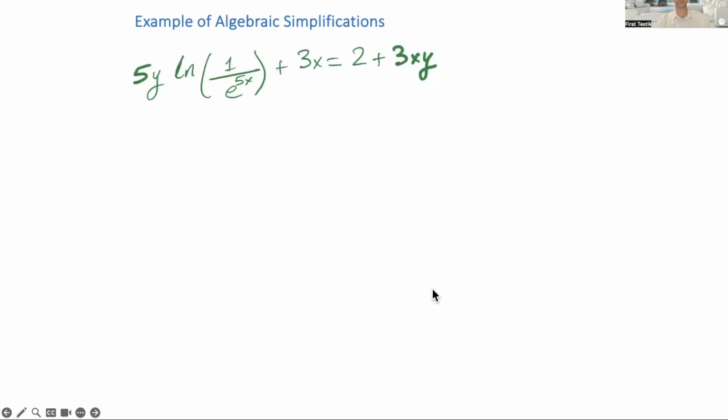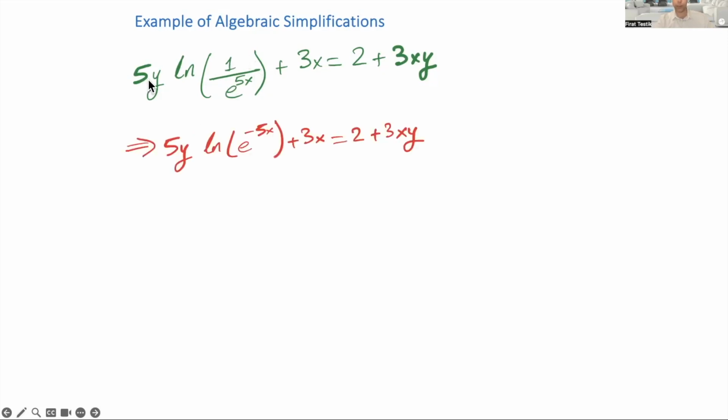All right. Now, let's go over an example for algebraic simplifications. Consider that we have an equation of this form. It has two variables, x and y. And let's say we want to simplify this equation to obtain an expression for x as a function of y. So here, let's start simplifying this equation, starting from the first term.